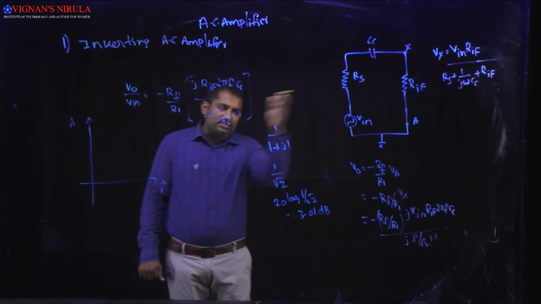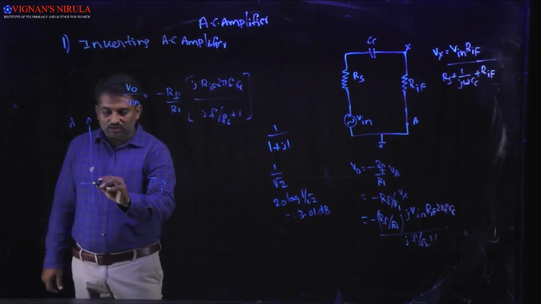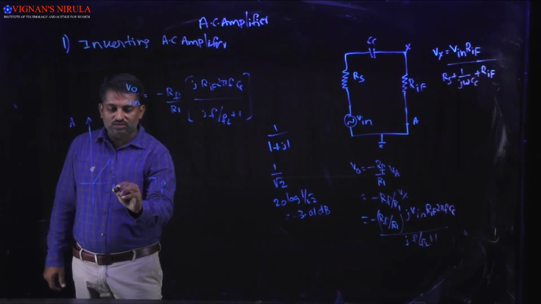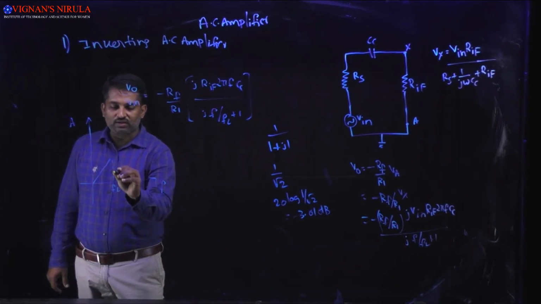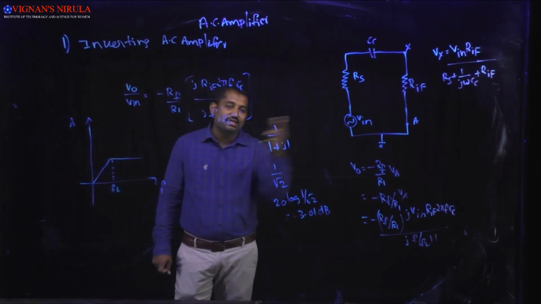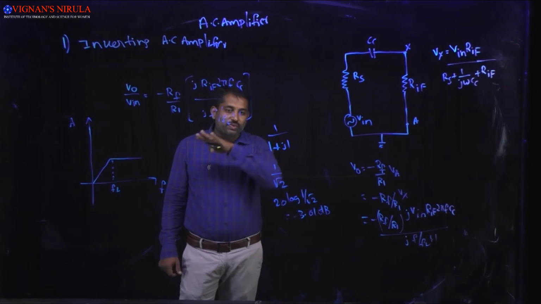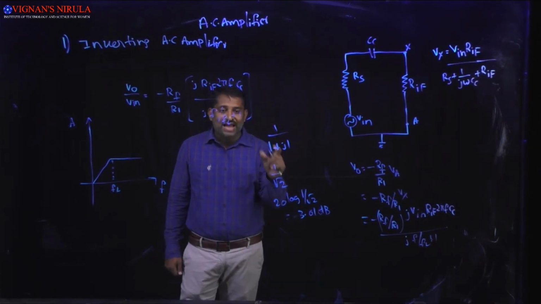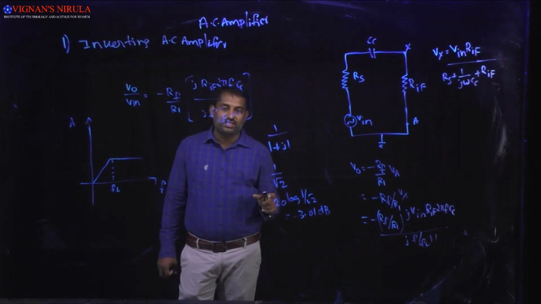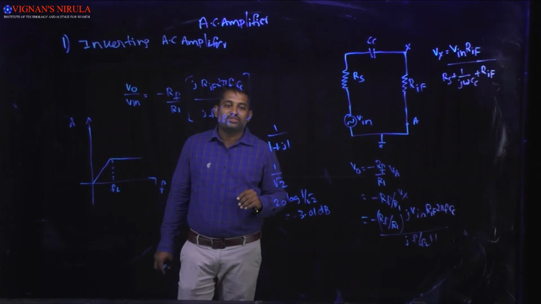As you increase the frequency, the gain also increases until the frequency FL. Once it reaches FL, if you increase the frequency greater than FL, the gain will be flat, and it will be flat until the higher cutoff frequency. Once it reaches the higher cutoff frequency, again the gain changes.